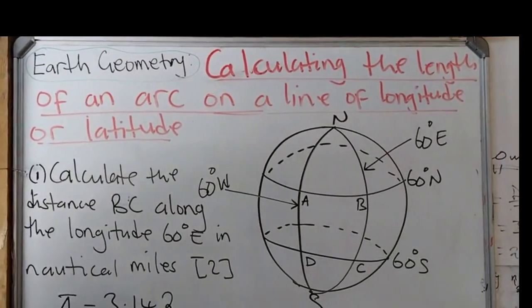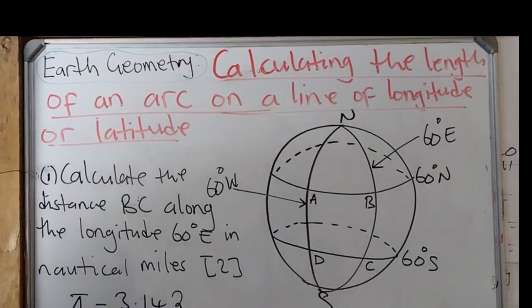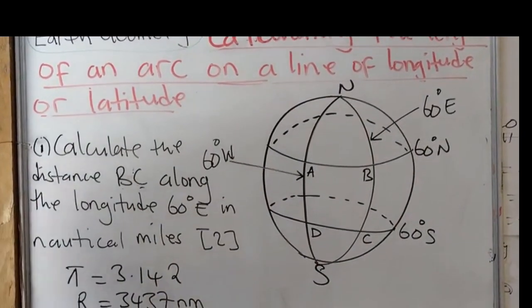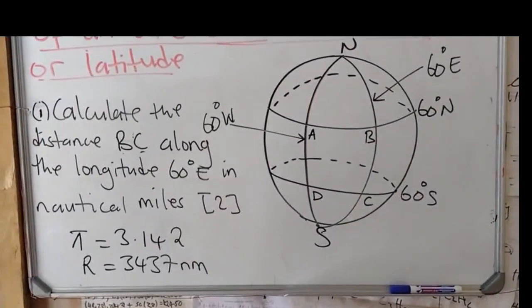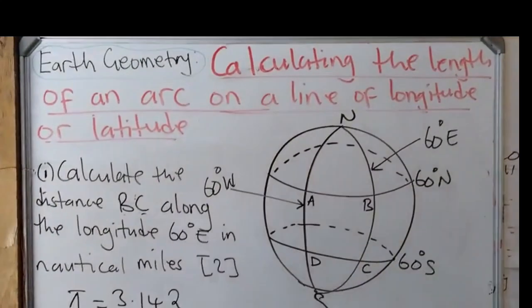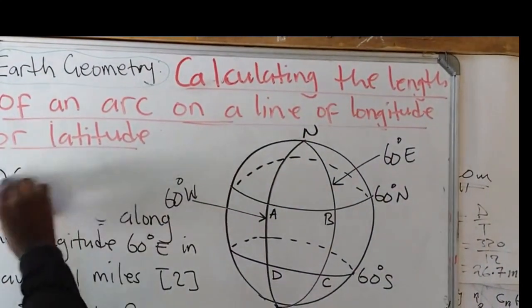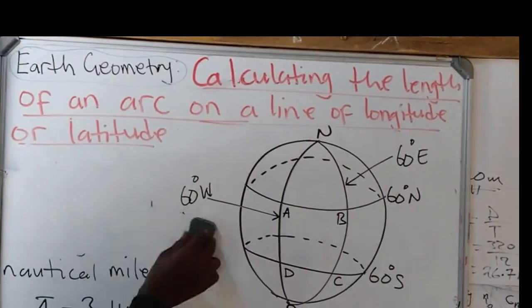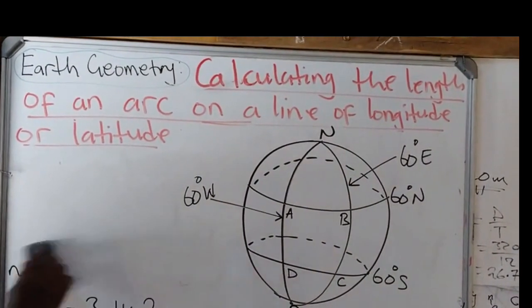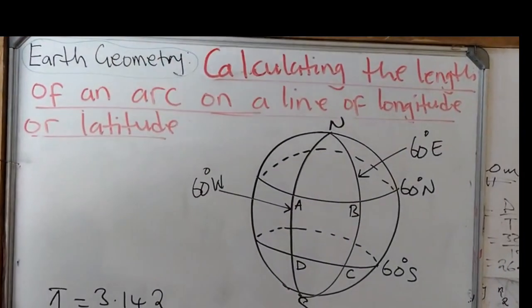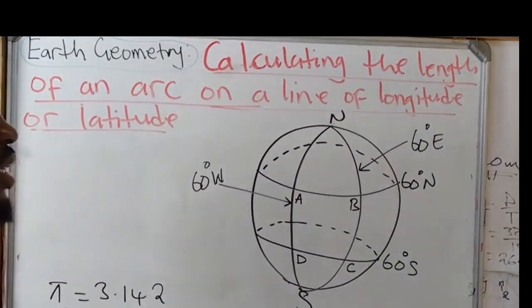So what you do, identify your lines. You identify the line BC. Where is BC?